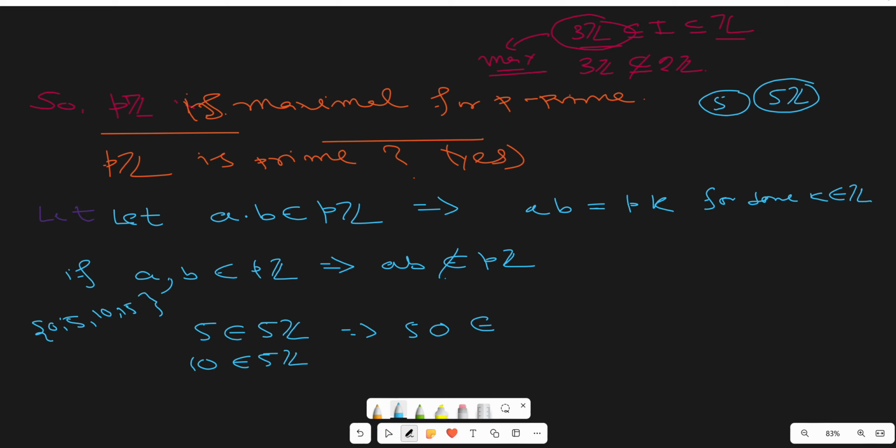So 5 and 10 inside 5Z. So 5 into 10 is 50, and of course 50 will be inside pZ.